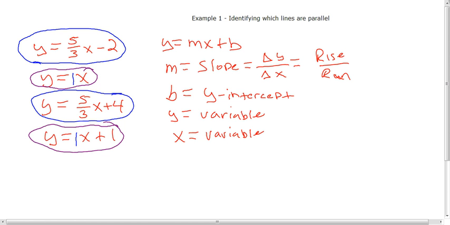So just simply looking, not even putting a coordinate plane on paper, we can say that equation number 1 is parallel to equation number 3, and equation number 2 is parallel to equation number 4.